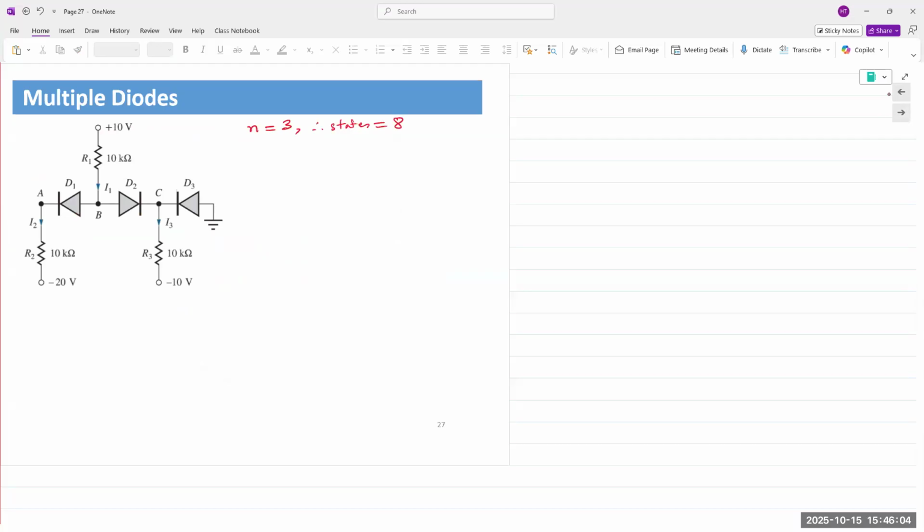Either all three are off or all three are on. Well, you've all studied the binary number system. 0, 0, 0, 0, 0, 1. If 0 is off and 1 is on, 8 possible combinations, right? I will solve this example, but let's see.